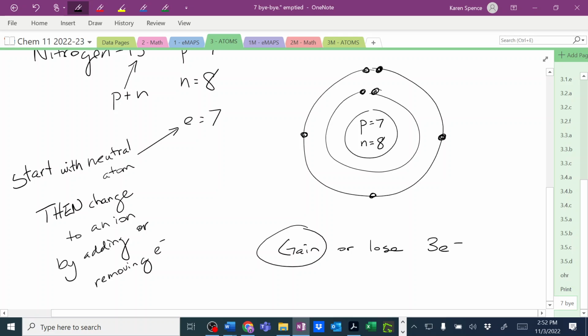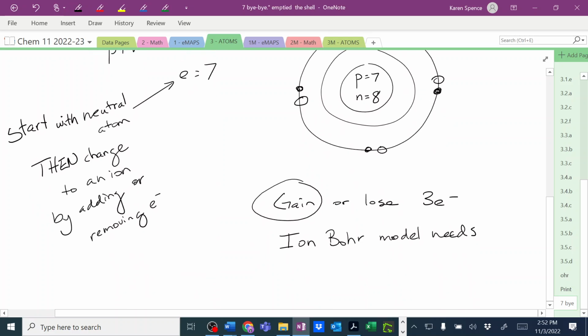3 electrons. So I'm going to put them in. I'm going to make them a different color, 1, 2, 3, so I can see them. It is an ion, and an ion Bohr model, what does it need? It needs brackets and it needs a charge.